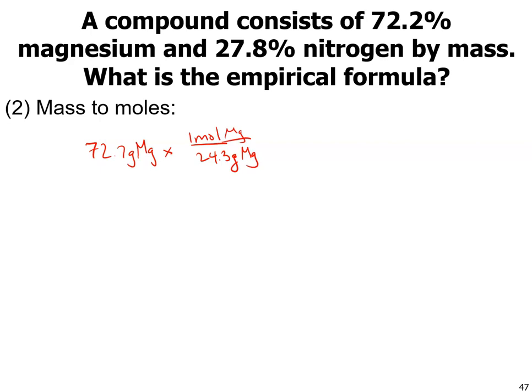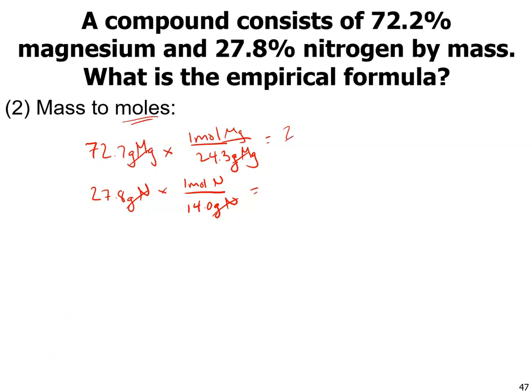And I also know that if I have 27.8 grams of nitrogen, 1 mole of nitrogen is equal to 14 grams of nitrogen. So the grams of nitrogen can cancel out, the magnesium can cancel out. I can determine the number of moles next.